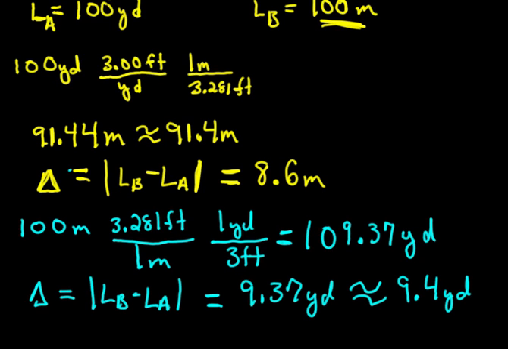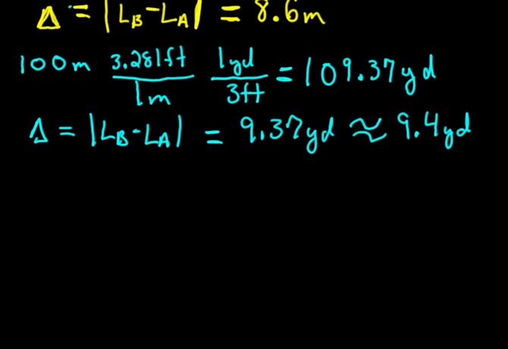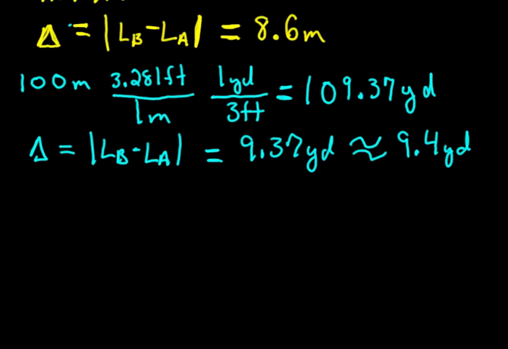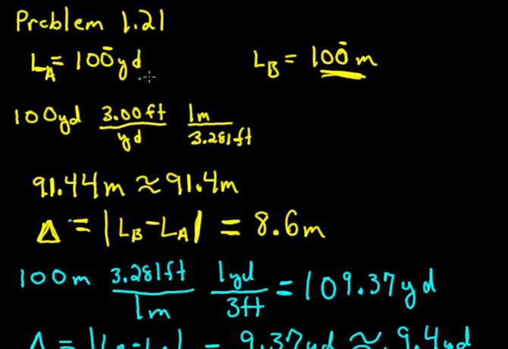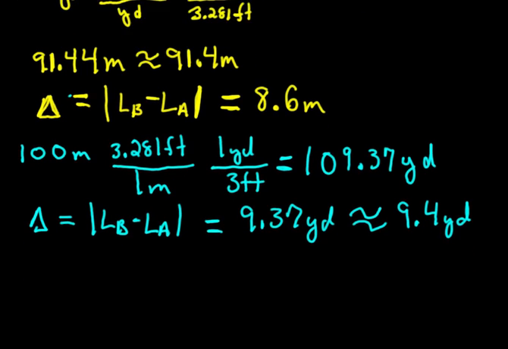Now we're going to use our math to do a little trick for part D. It says by what percentage the soccer field is longer than the American football field. And so we're going to do a percentage. What's really nice about percentages is they're per 100, and 100 yards is what the American football field is.